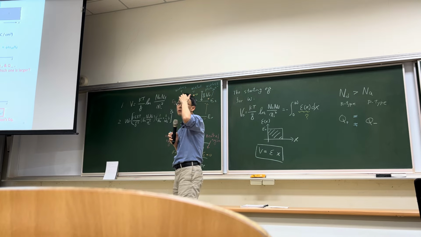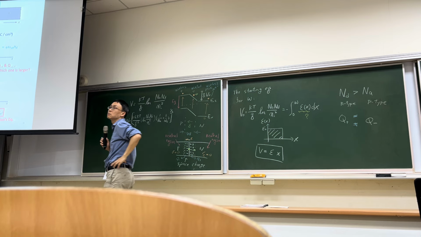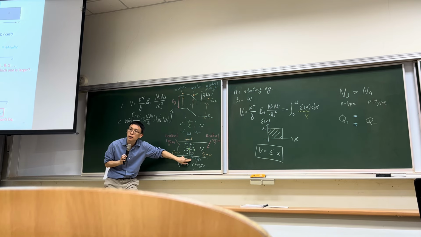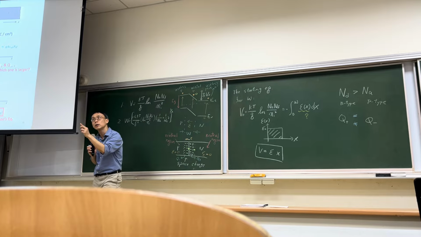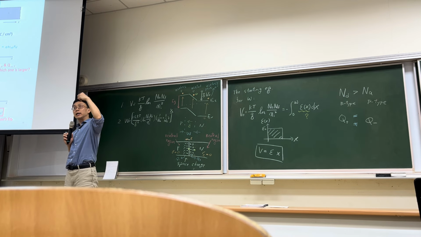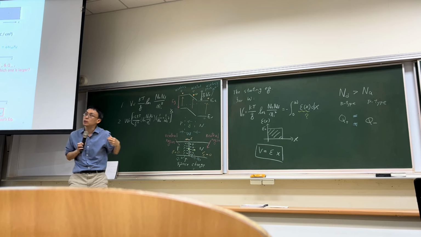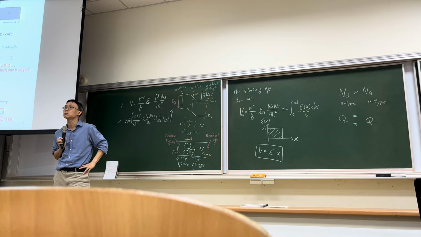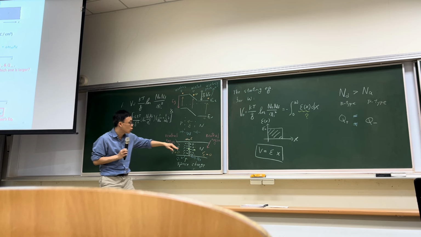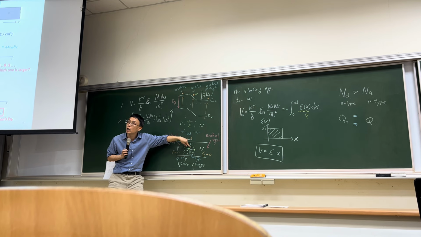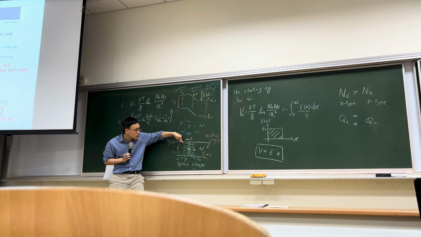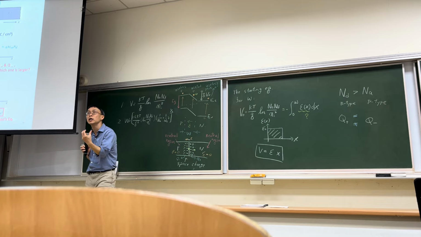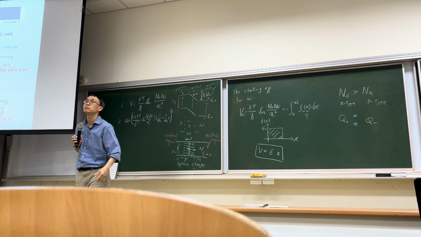Which one would you choose? There is space charge on both sides, just one side positive and the other negative, right? I want to ask: is the total positive charge the same as the total negative charge? Pick one. Q plus is the total positive charge on the N side. Q negative is the total charge on the P side. Are they the same?